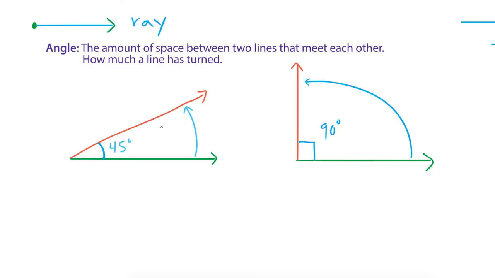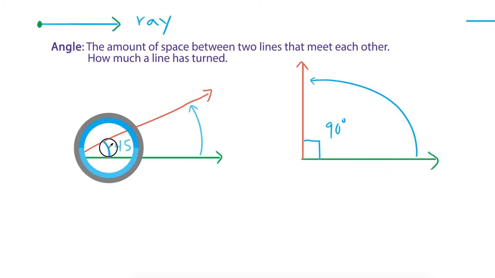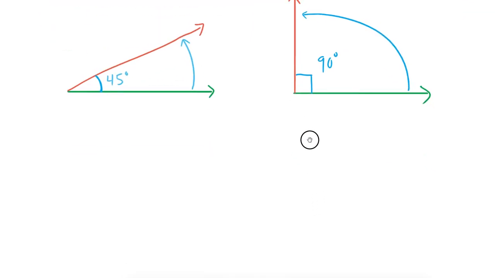So this is about 45 degrees. If this orange line is pointing straight up, then it's 90 degrees. And notice how in this one I have a curve here, right at the corner. But for 90 degrees, you need to draw a kind of corner of a square here to represent that this is 90 degrees.